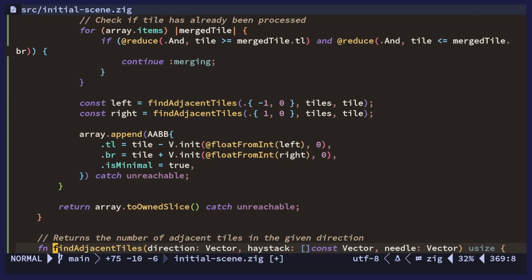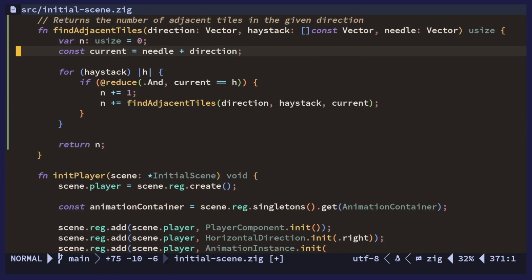And then how do we find the adjacent tiles? Well, we go through each tile in the list of solid tiles, and we check, okay, does a tile exist at the desired position? So let's say we're finding adjacent tiles to the left. We take a step in that direction, starting from our needle here, which is the position of the current tile that we're trying to merge with other tiles.